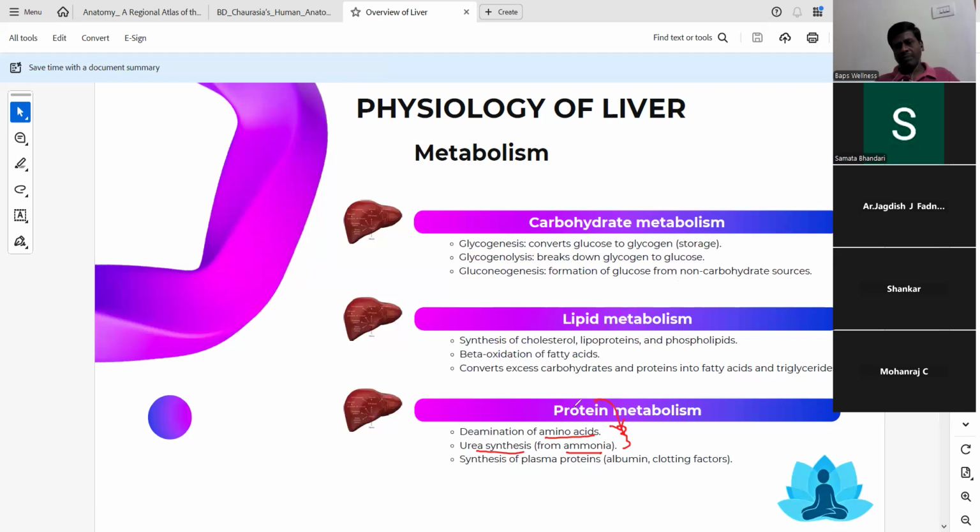Because the protein and lipids that we eat are digested by the secretions of the liver only. And then they synthesize the plasma proteins in the blood, that is albumin, globulin, and then clotting factors, which are involved in blood clotting.